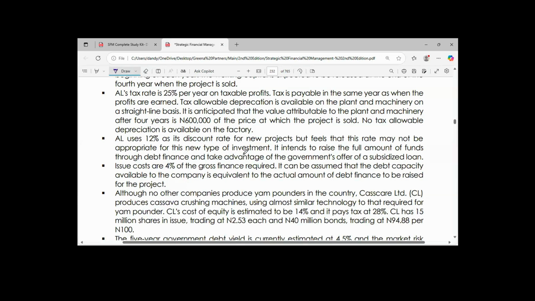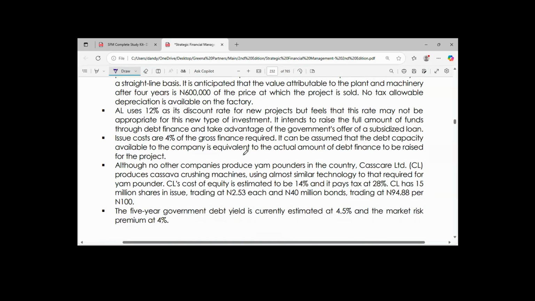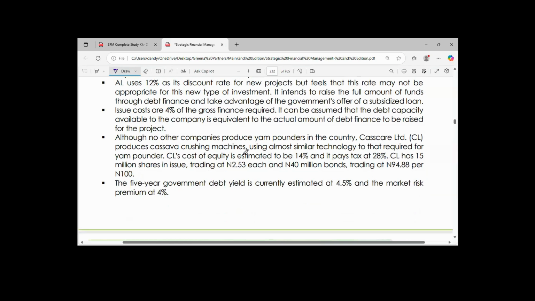CL has 15 million shares in issue, trading at 2 naira 53 kobo each, and 40 million naira bonds, trading at 94 naira 88 kobo per 100 naira. The 5-year government debt yield is currently estimated at 4.5% and the market risk premium at 4%.